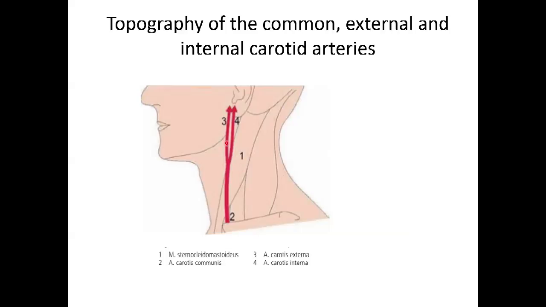And then in trigonum caroticum, it will divide into two main vessels: arteria carotis externa, here it is, and arteria carotis interna, here it is. And now each of these vessels. Let's begin from the external carotid artery, arteria carotis externa.